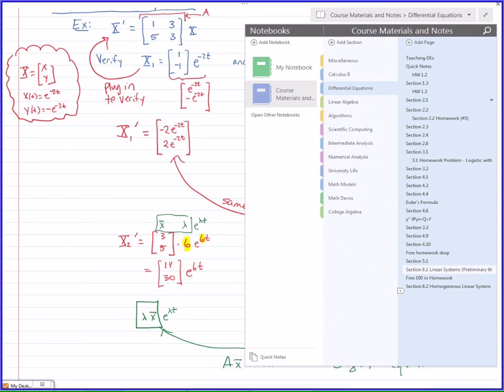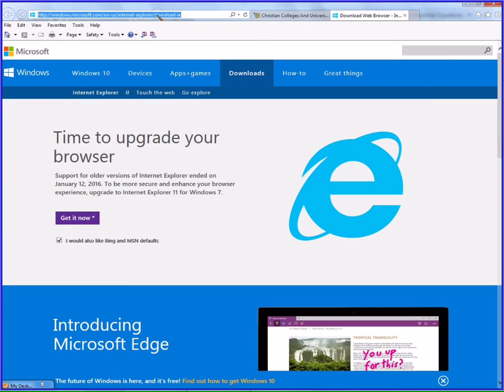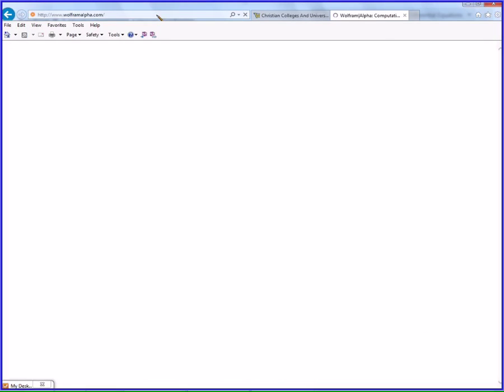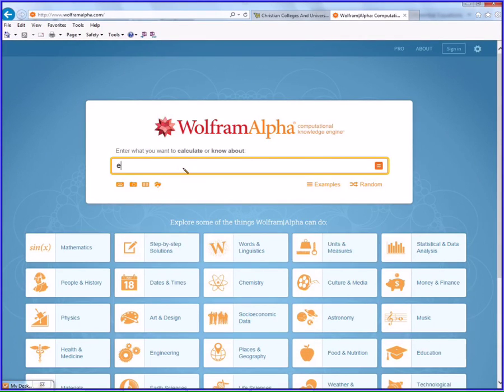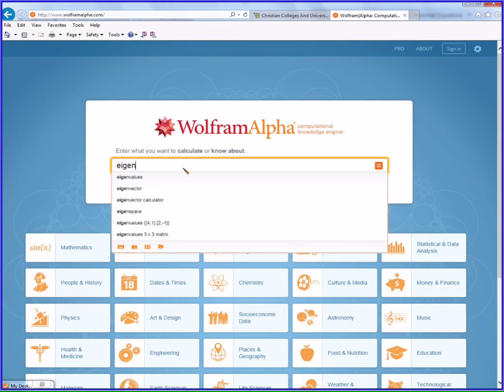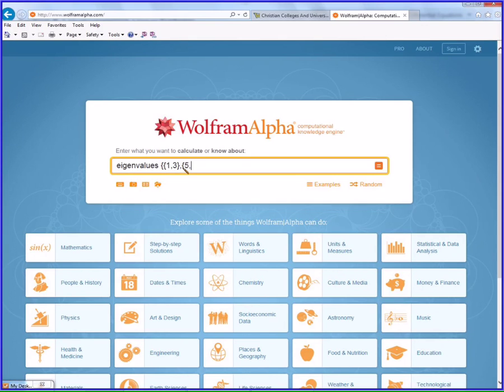So let's go to Wolfram Alpha. I'm just going to type it in so you see what it looks like. I'm just going to do eigenvalues of the matrix 1, 3, 5, 3.